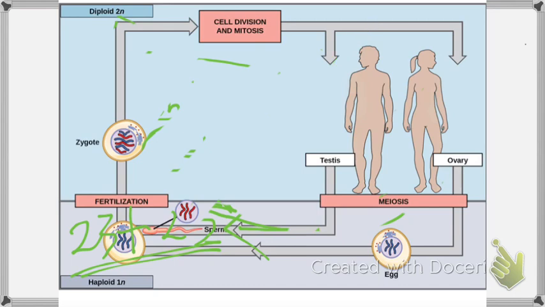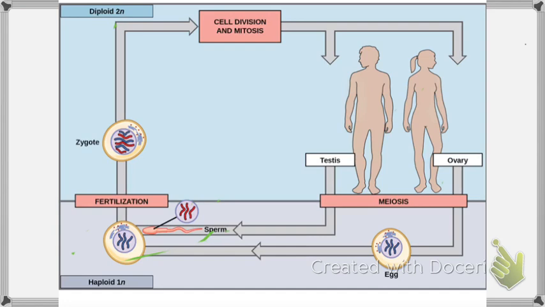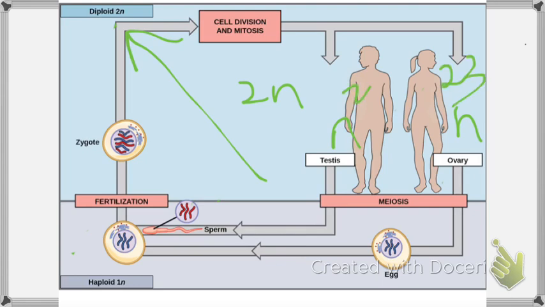But once fertilization takes place, we'll have a fusion of the sperm and the egg cell, and we will have a restoration or a completeness happening where there will be 23 from parent 1 and 23 from parent 2, two haploid sets going back to give us now what we refer to as the diploid number, which is 2N. So N from here, this is 23, this is 23. These two come together and they will give us 2N, which is 46.